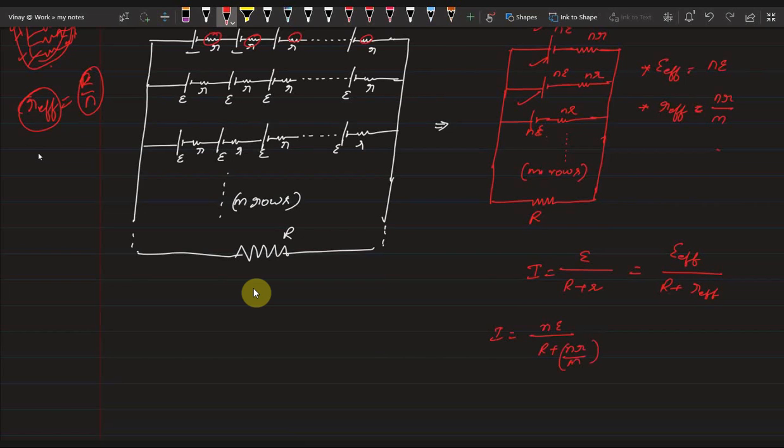Then I is equal to nE divided by, cross multiplying, (mR plus nr) by m. And this m goes to the numerator. That is I equals mnE by (mR plus nr). So please do it, then I will give you some important concept based on this.